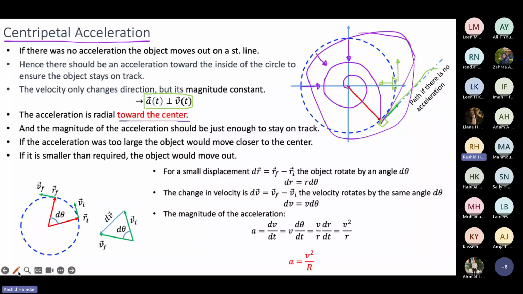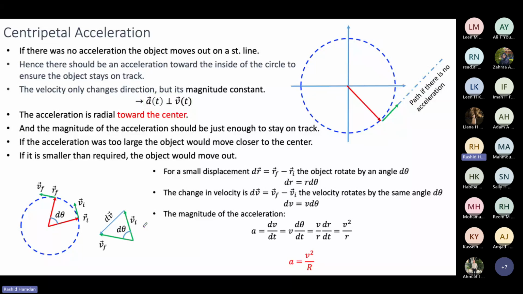So if we look at how the velocity is changing, we take a small displacement. So we start here at R initial. We go here to R final. We move on this arc. The displacement is characterized by an angle d theta. Now, this angle is between R initial and R final.